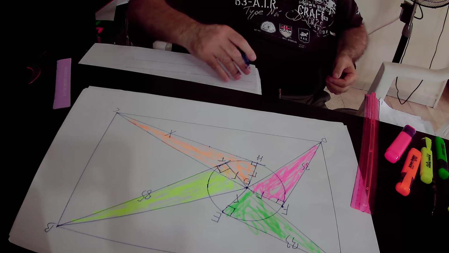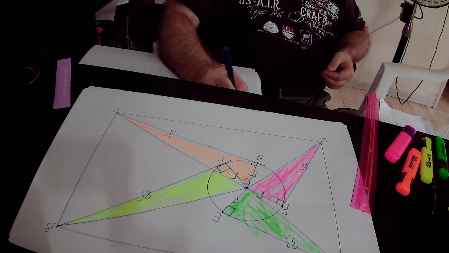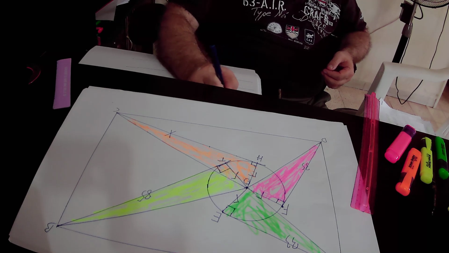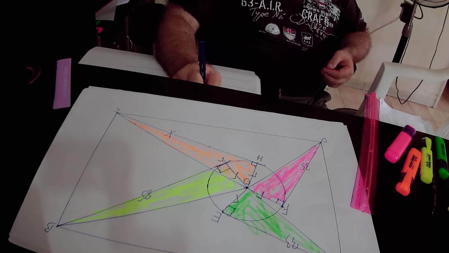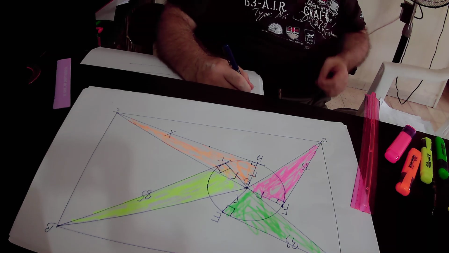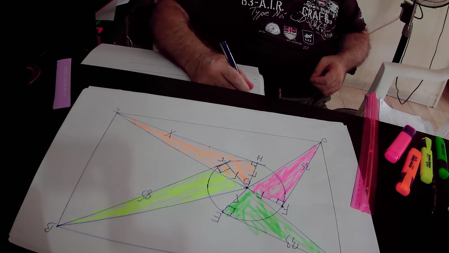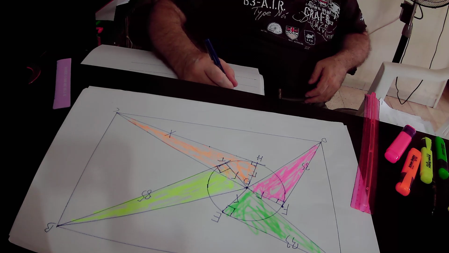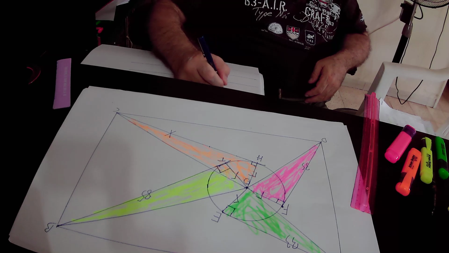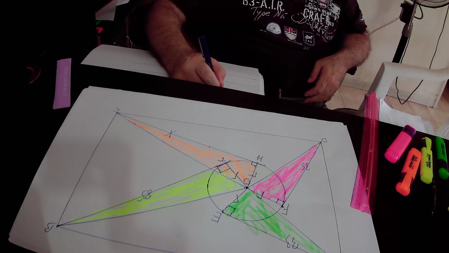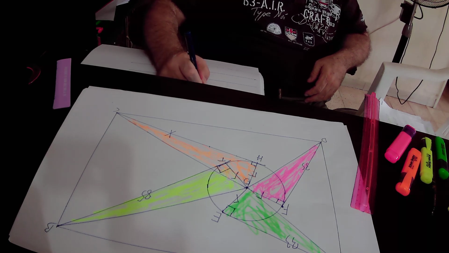According to equation number 1, AO square equals R square plus 33 square. According to equation number 2, BO square equals R square plus 85 square.